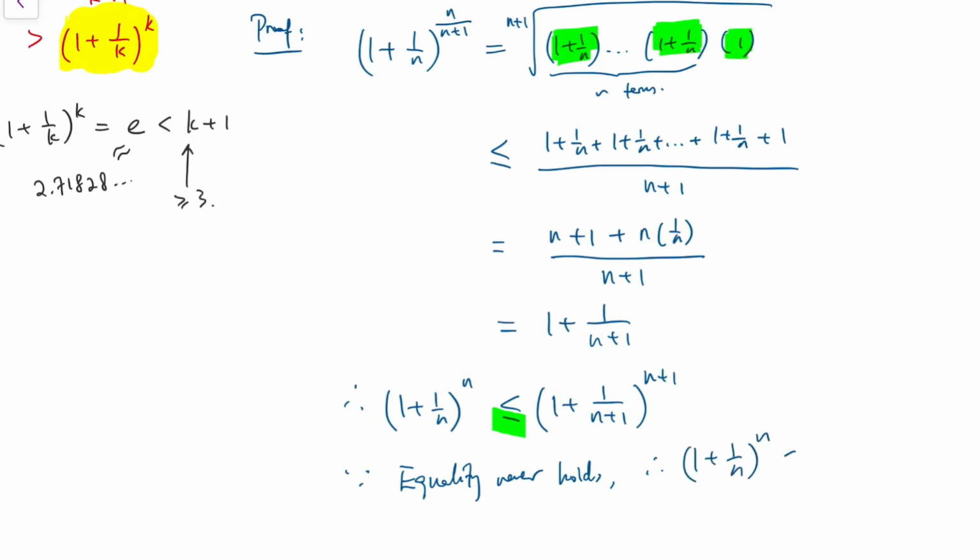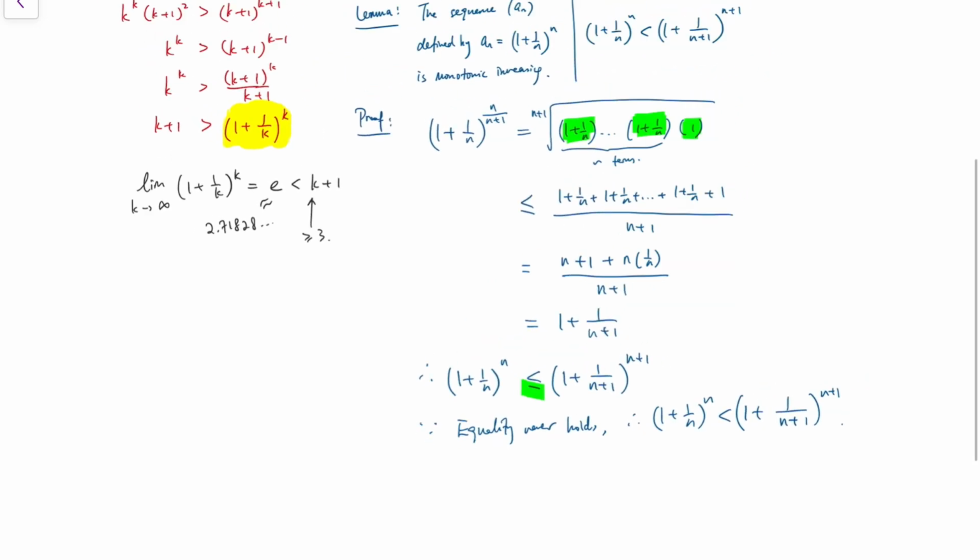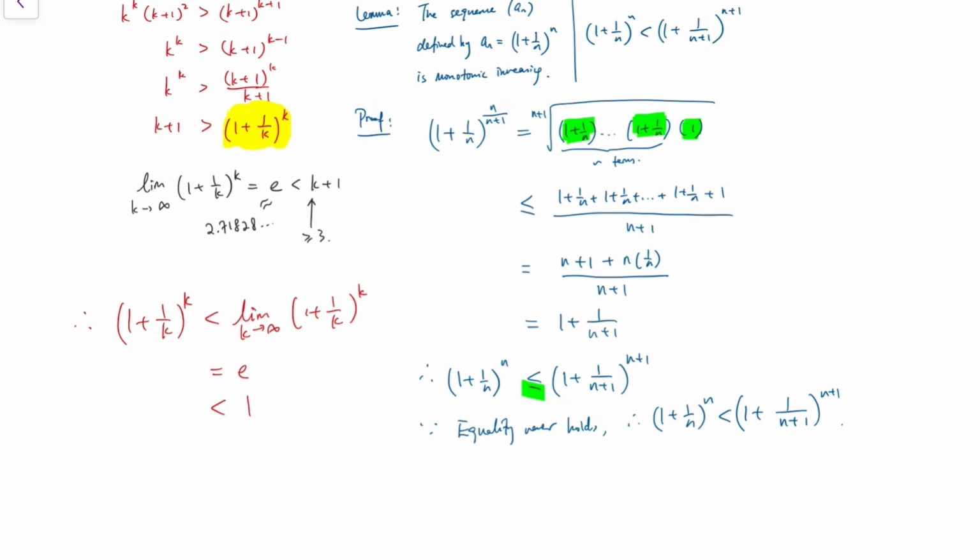That means this inequality is strict, so it's monotonically increasing. And so that means we're done with our proof. I can say that this kth power is always smaller than the limiting case, and that's always smaller than k plus 1.